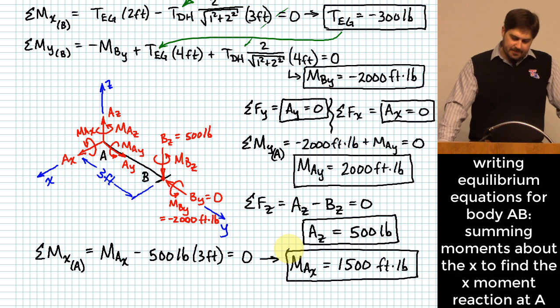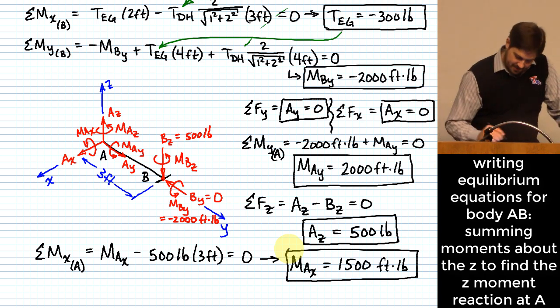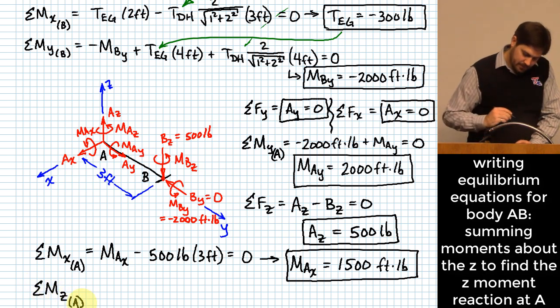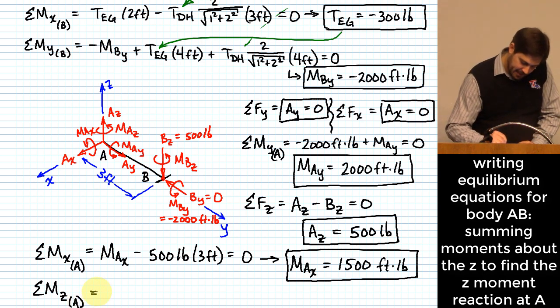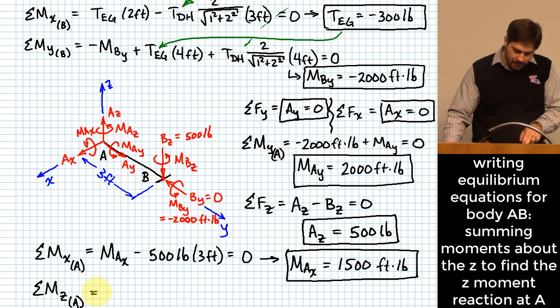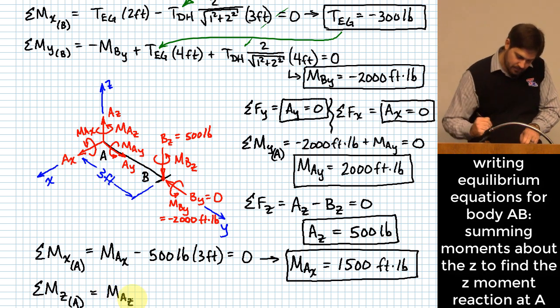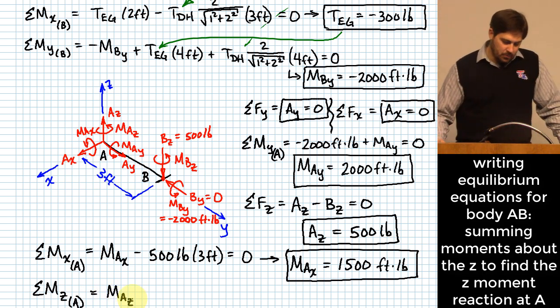We only have one left, right? What is it? Summing moments around the z-axis. Again, we'll say that is a z-axis passing through A. For that, I have MAZ, and what else?